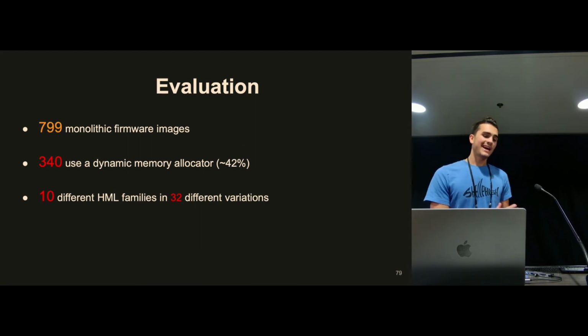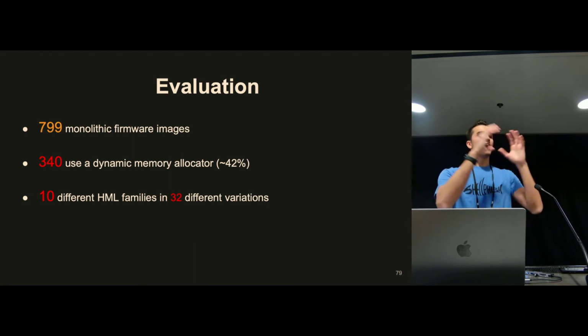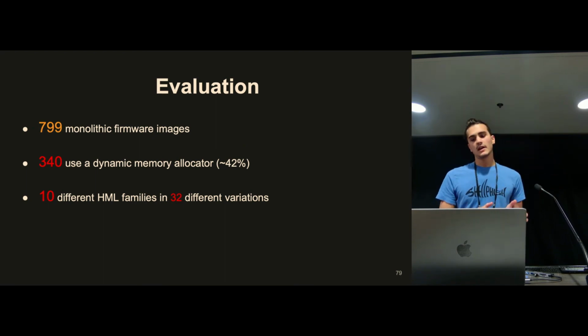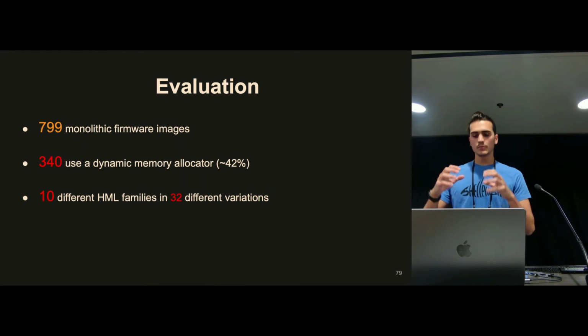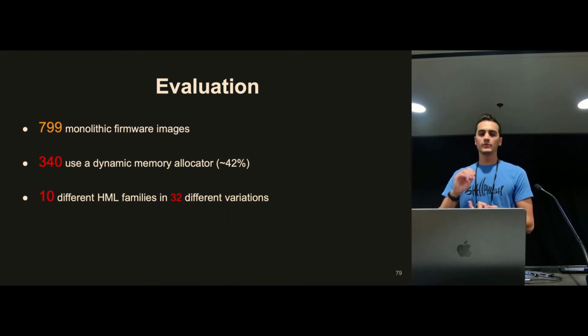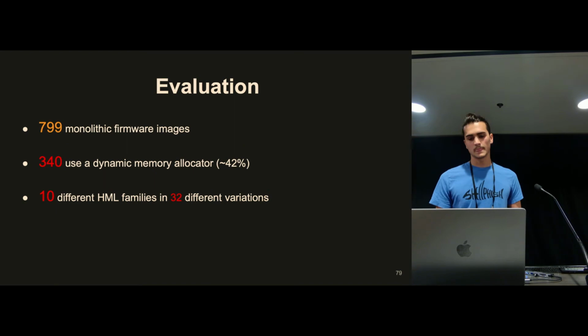We found around 10 different HML families in 32 different variations. By family, I mean, let's say, the high-level implementation of the allocator, so a kind of allocator. And by variations, I try to capture all the options you can use when you compile it, or customizations, or any other variation of a specific implementation.